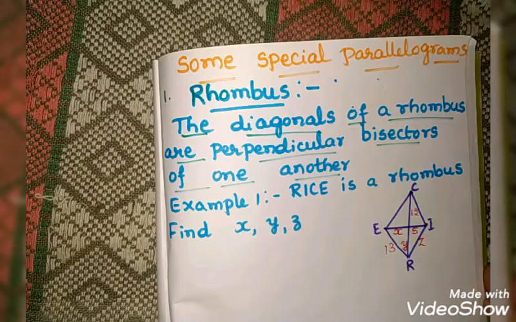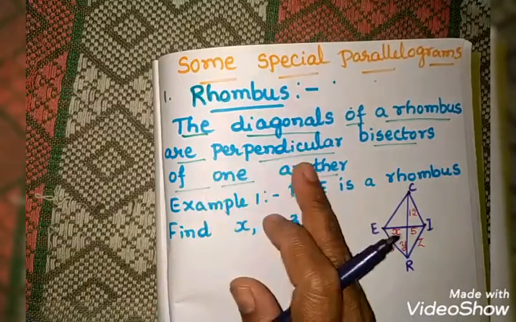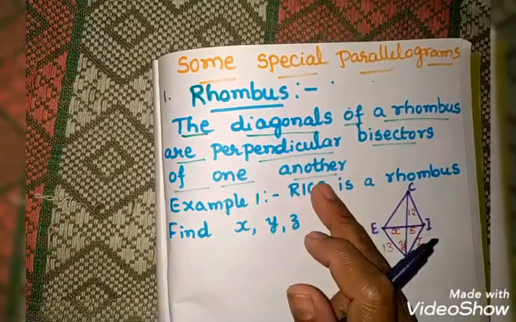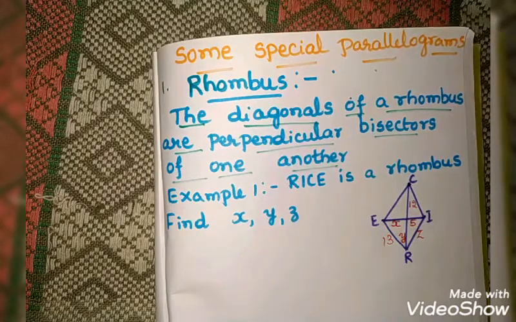Rhombus is a parallelogram anyway. It has all the properties of a parallelogram, but one more special property is there. The diagonals of a rhombus are perpendicular bisectors of one another. Diagonals, you know children, they bisect perpendicularly with one another. So, how can we understand that?